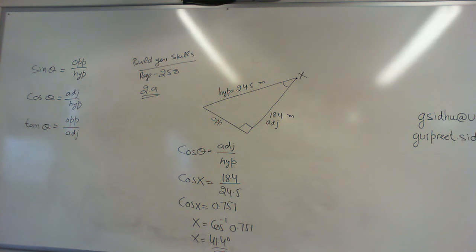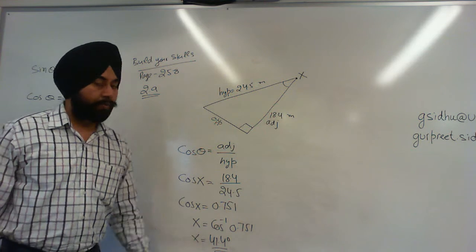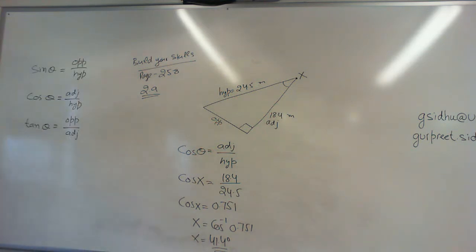Do it again. 0.751. 48.6. Okay, divide this 18.4 over 24.5. 0.751.